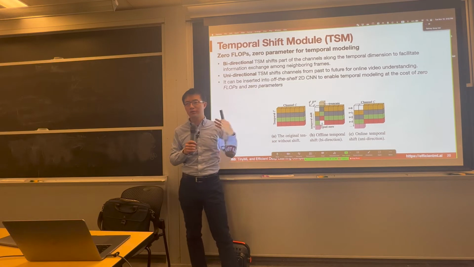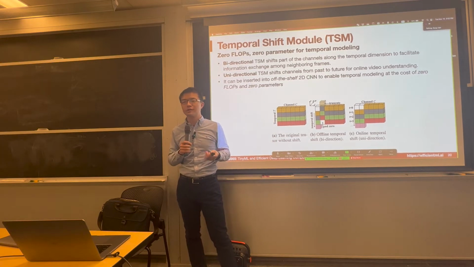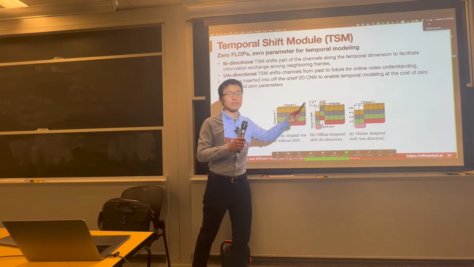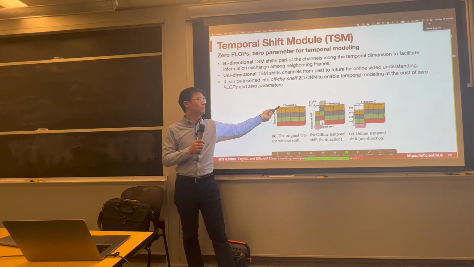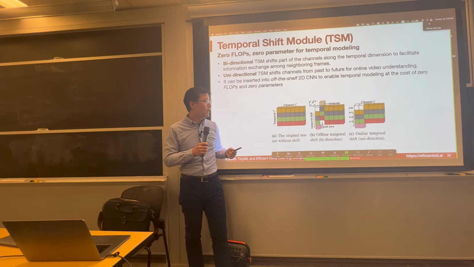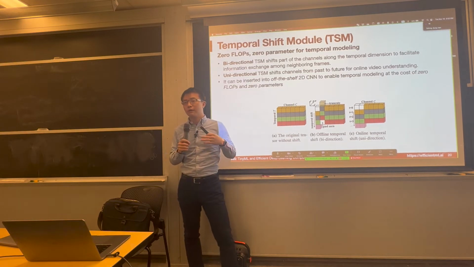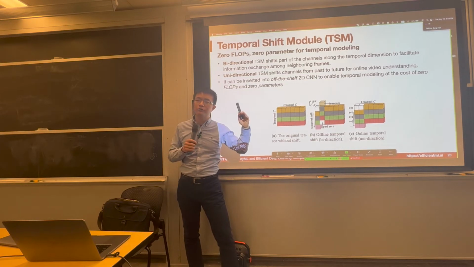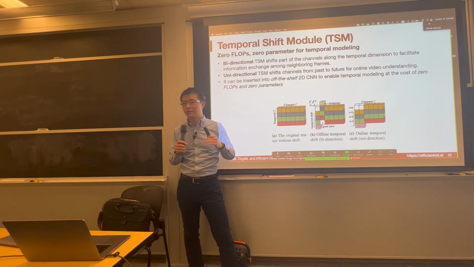Now we use only 3-dimensional tensors to represent them by fusing H and W into a single dimension, right? In this annotation, we want to mingle the information from the previous frame and the next frame, so the current frame can have the information of both the past and also the future.